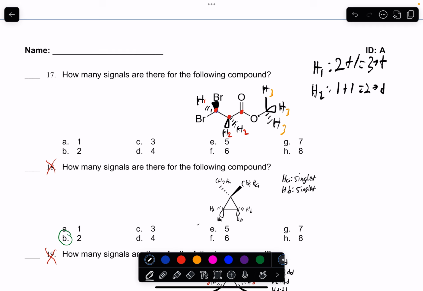I mean, that's not even a carbon, this is an oxygen. And so we could try to do 1, 2, 3, there's still no hydrogens over here. So how many hydrogens are there? 0 plus 1, it will be 1, it will be a singlet. And so, in general, there's going to be 3 signals.